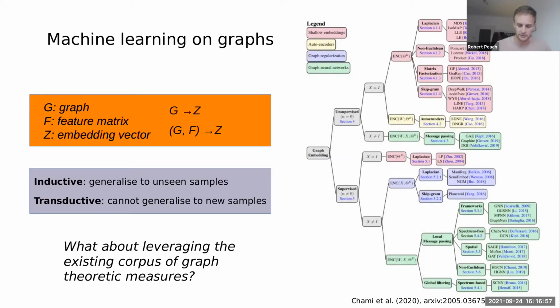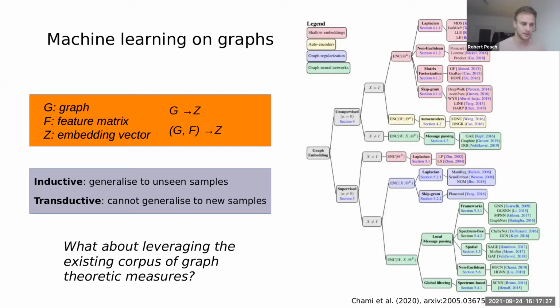And generally what we found is that a lot of them make very strong assumptions about how to create these embedding vectors. So for example, message passing techniques for node classification, which have been very powerful and have seen a lot of attention over the past 4 or 5 years, make strong assumptions about the homophilic nature of the classes in your graph.